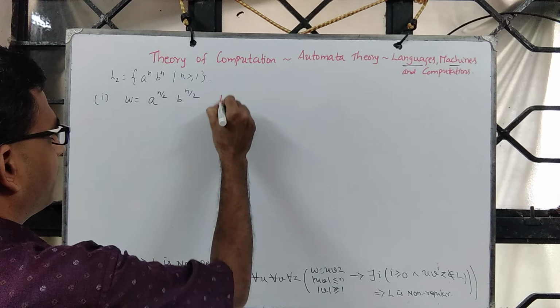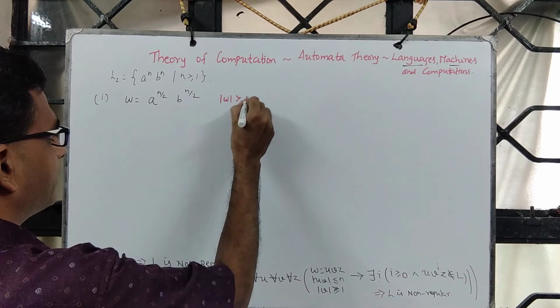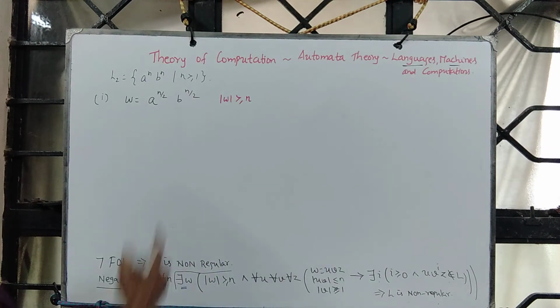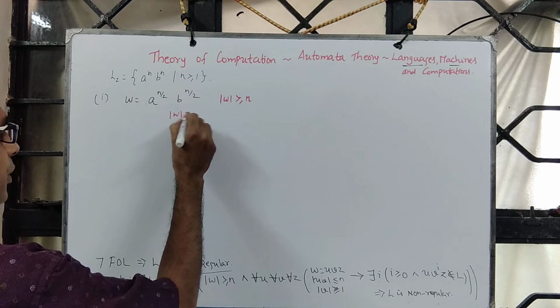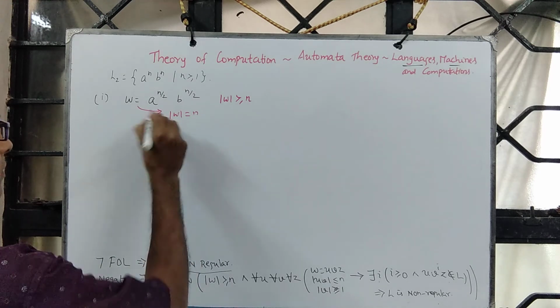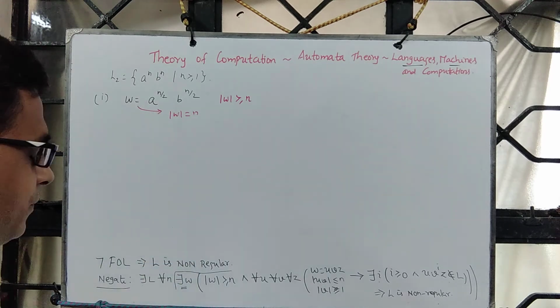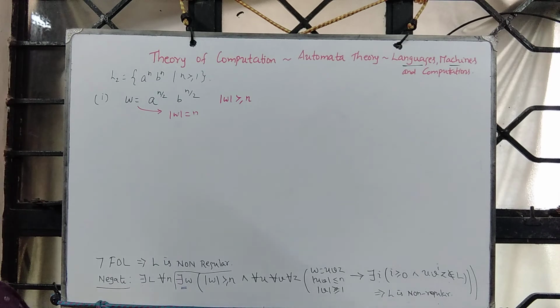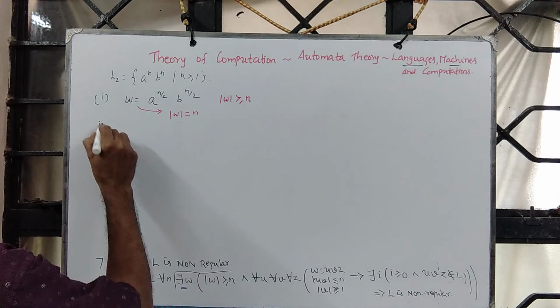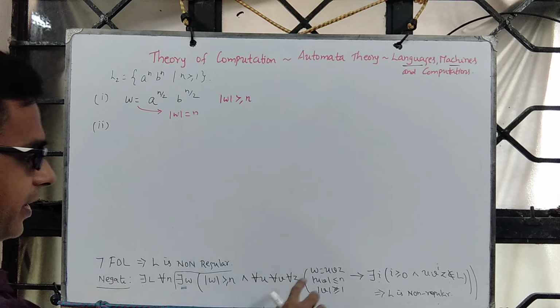Now length of w is at least n. Now length of this w is n. That constraint is satisfied. Next it says come up with any decomposition.